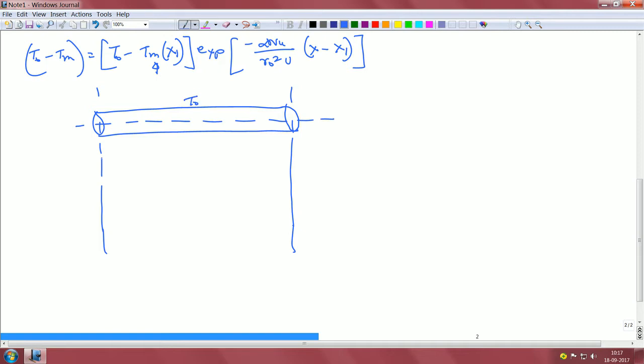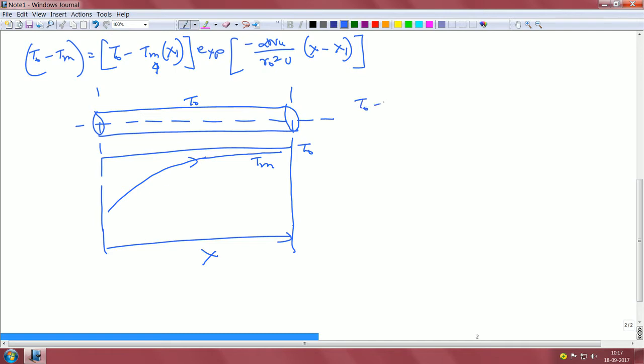T naught is obviously a constant, has to be a constant. So, what it implies is that your Tm starts to do this. This is the profile and this is of course your x. So, this is actually your Tm. T naught minus Tm is basically coming down.